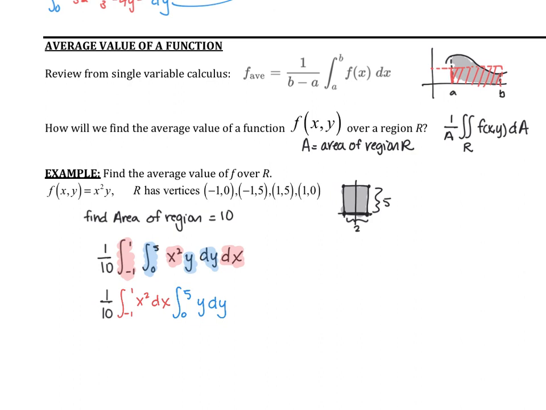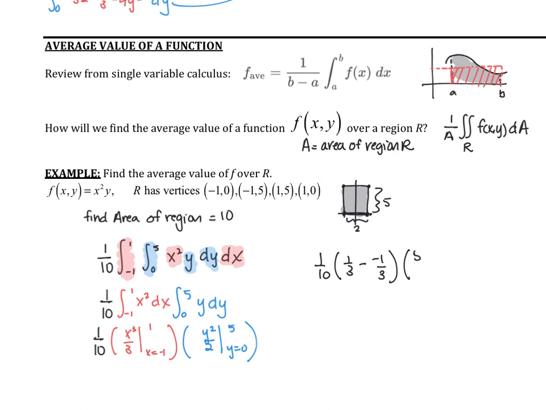So now all I need to do is take the antiderivatives of each piece. So this would be x cubed over 3 evaluated from -1 to 1. And then this one would be y squared over 2 evaluated from 0 to 5. So we get 1/10 of, let's just do 1/3 minus, that would be -1/3.